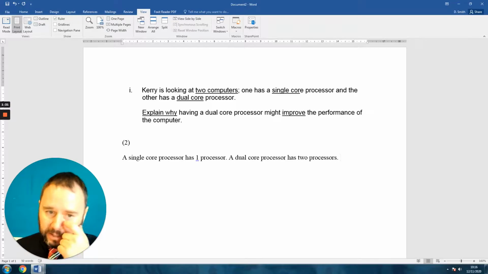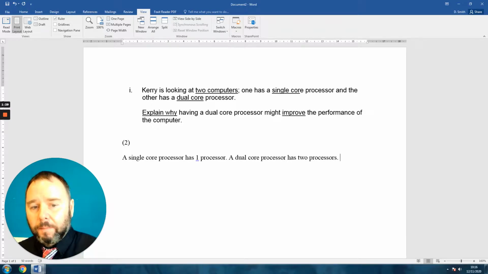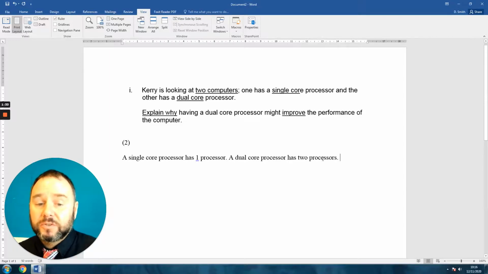Now you actually pick up a mark for saying that, and that leads us into being able to explain better why the dual core might be better. So a single core processor has 1 processor, a dual core processor has 2 processors.